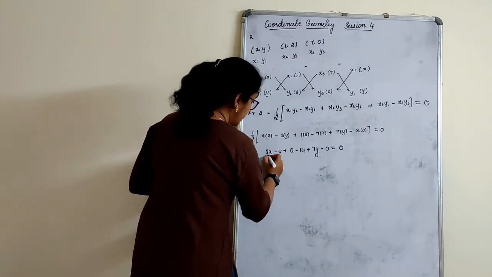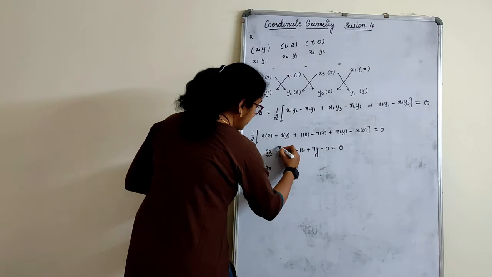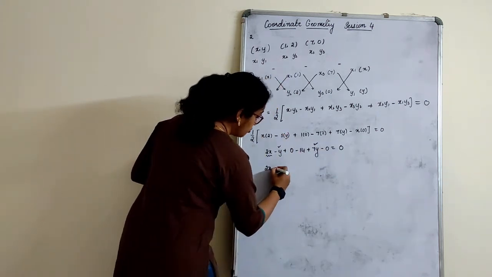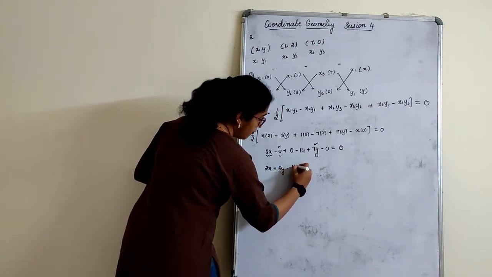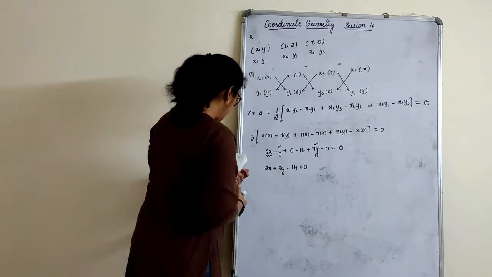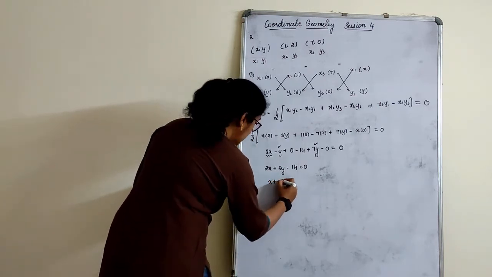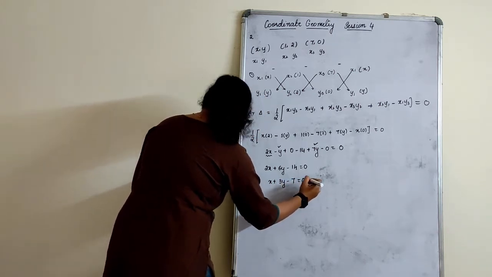So just see what we have here. We have only 1 2x. First write 2x. Then we have minus y plus 7y. So this is plus 6y minus 14 is equal to 0. I take 2 common. x plus 3y minus 7 is equal to 0.